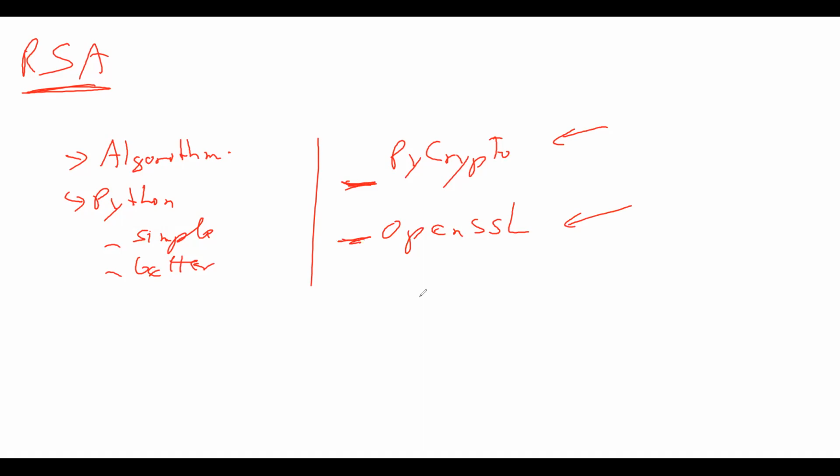All right, so now that we've talked a little bit about that, let's go ahead and start looking at RSA. The RSA algorithm. RSA is a cryptographic algorithm designed by Ron Rivest, Adi Shamir, and Leonard Adleman at MIT.